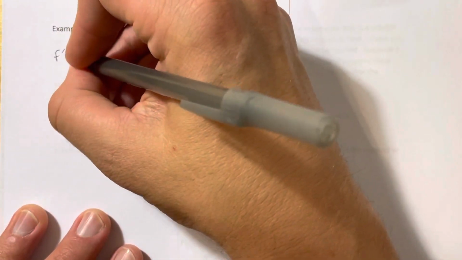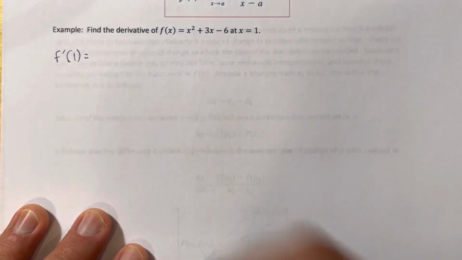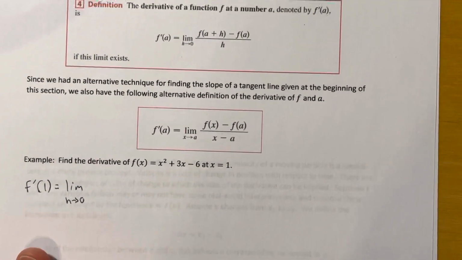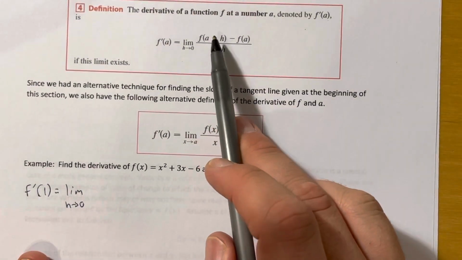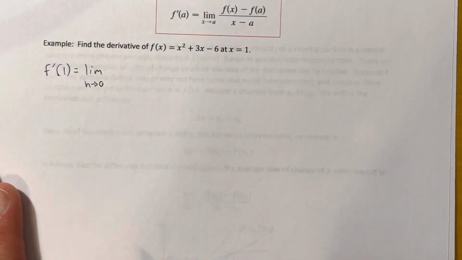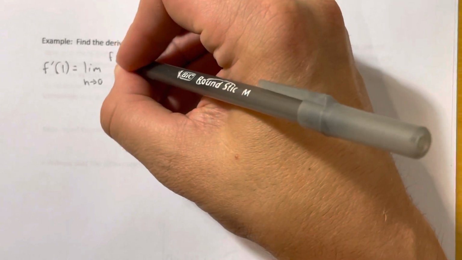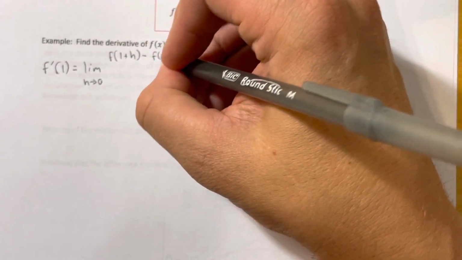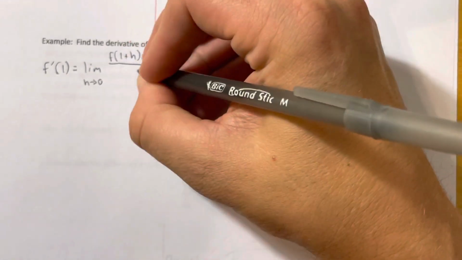F prime of 1, what would that equal? That's equal to the limit as h approaches 0 of, going back up here, f of 1 plus h. But we have a function here. So let me actually use the function notation. f of 1 plus h minus f of 1 over h.